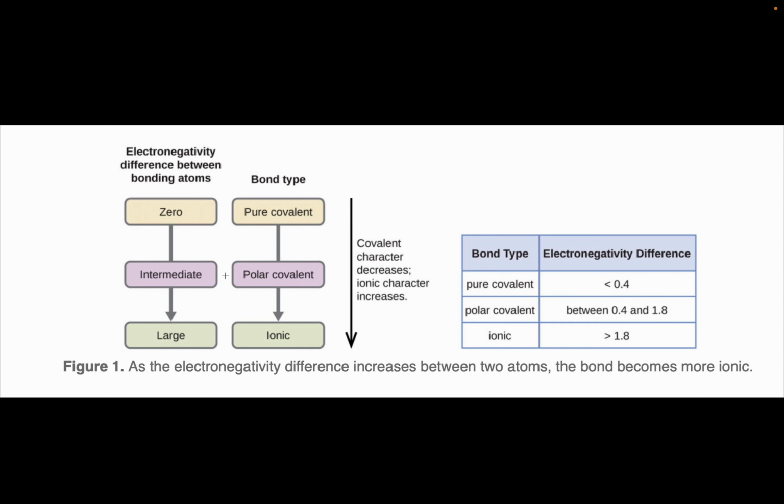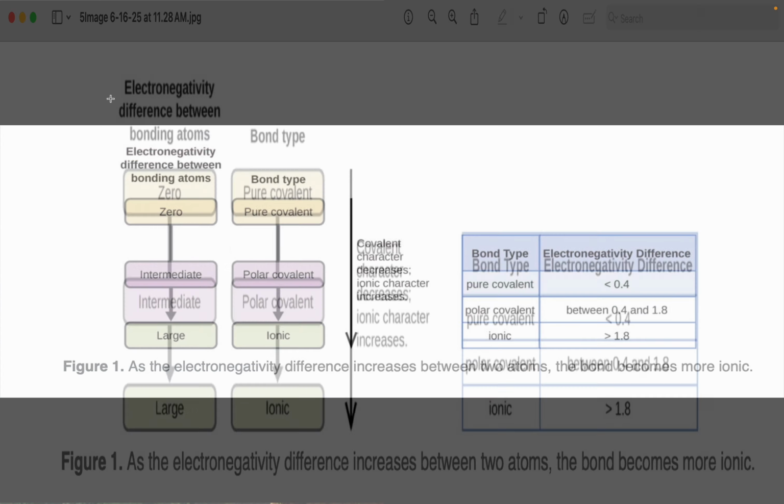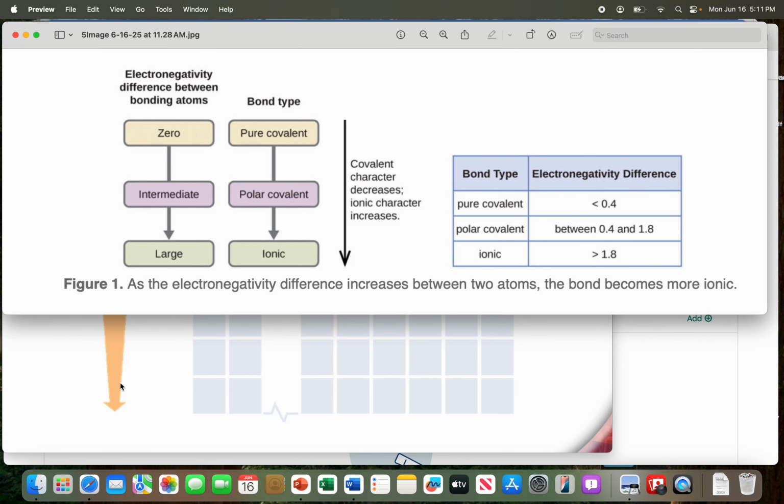The greater the difference in the electronegativity, the more ionic the character of the bond.